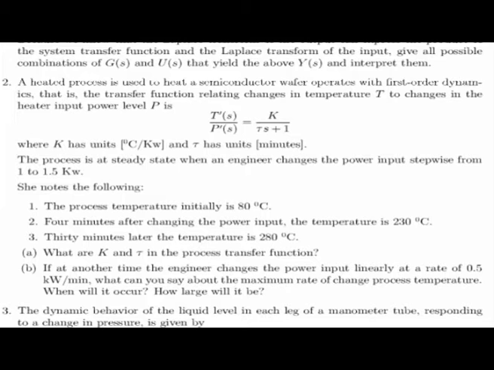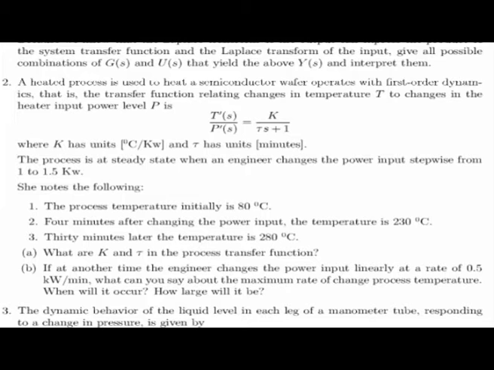So we now know the initial value. And 4 minutes after changing the power input stepwise, the temperature is 230 degrees centigrade. After 30 minutes the temperature is 280 degrees centigrade. Here we assume that in 30 minutes the process has already reached its steady state. Now we want to find out what k and tau are in the process transfer function.